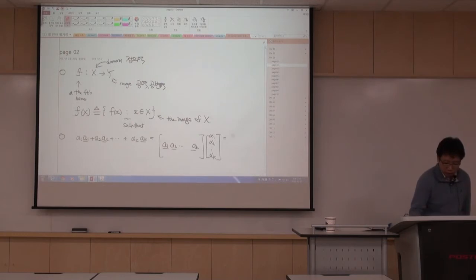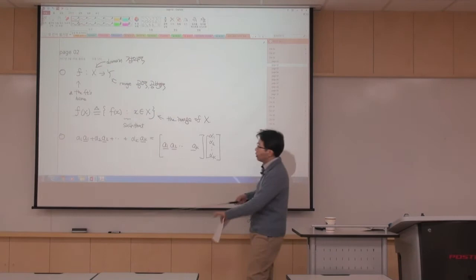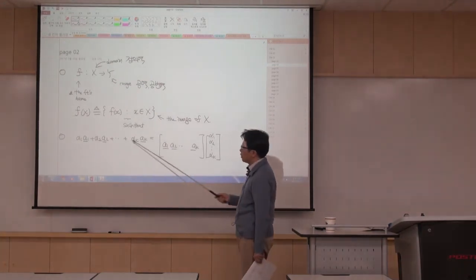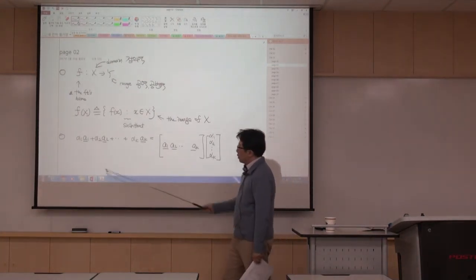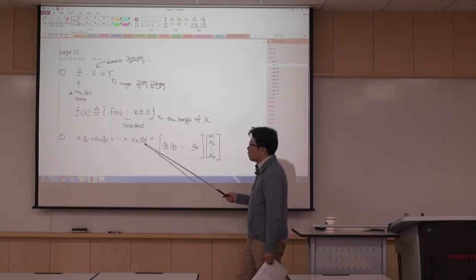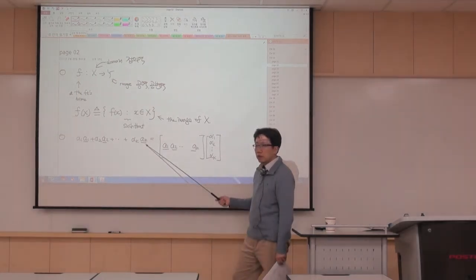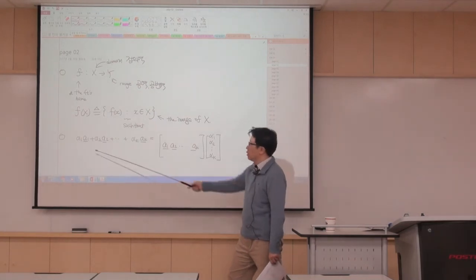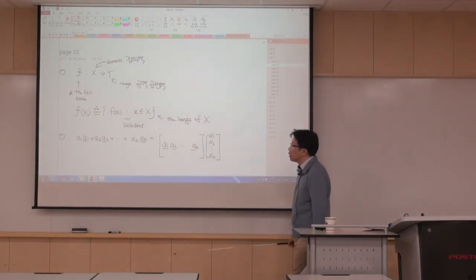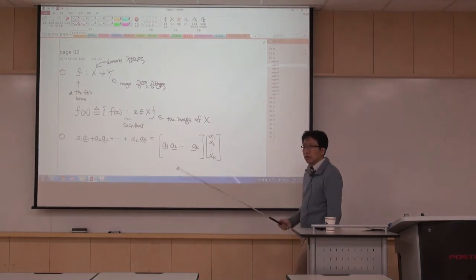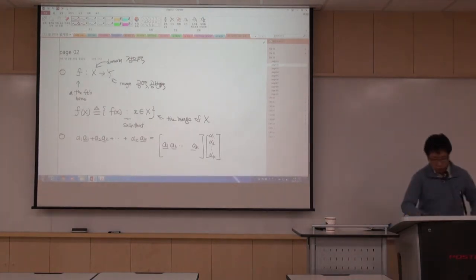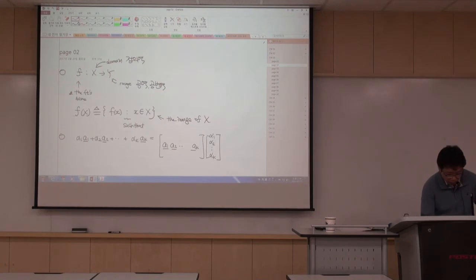Okay, probably this is the best way. So what does linear independence mean? So given a set of vectors, if this equals 0, if and only if this vector is 0, then they are linearly independent. Okay, so since this is true, linear independence means that this alpha vector equals the 0 vector.